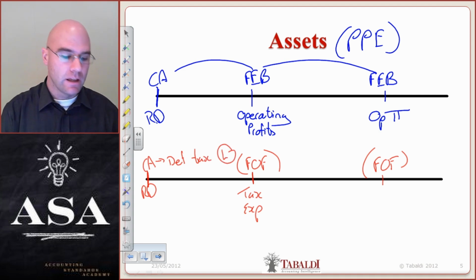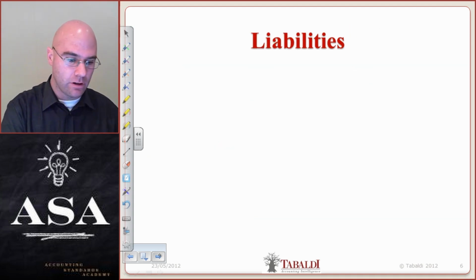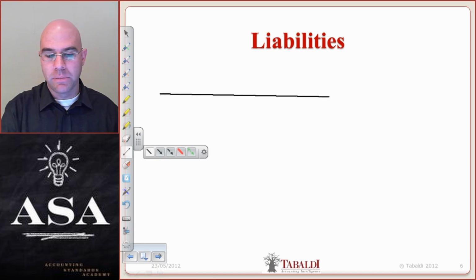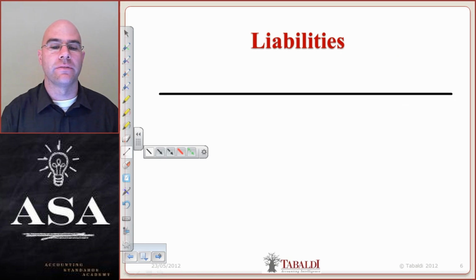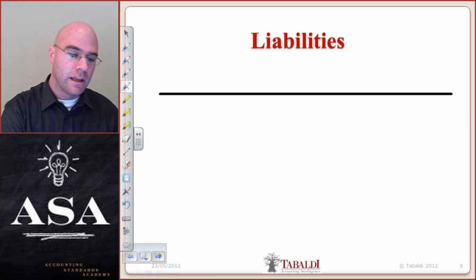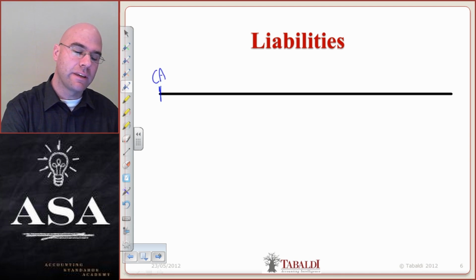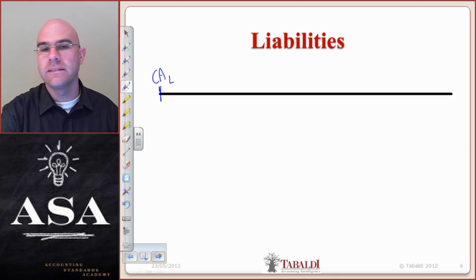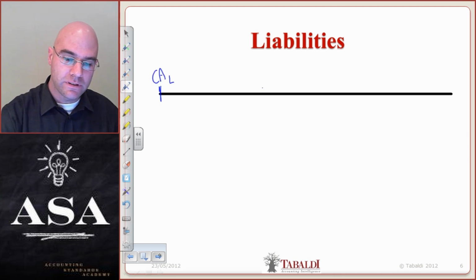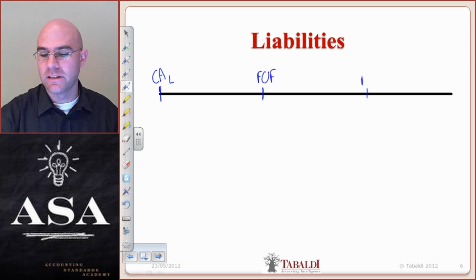liability. Now, a similar thought process can be followed for the liability side of the statement of financial position. Namely, at reporting date, I might have a carrying amount of a liability, let's say a provision for instance, that will result in future outflows to settle that liability or obligation.